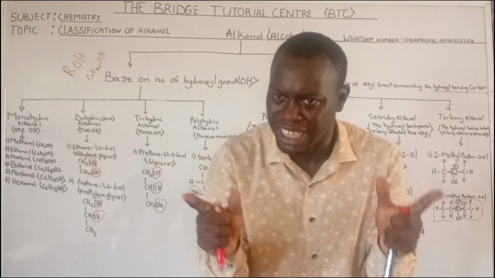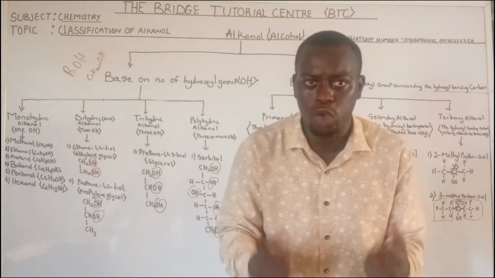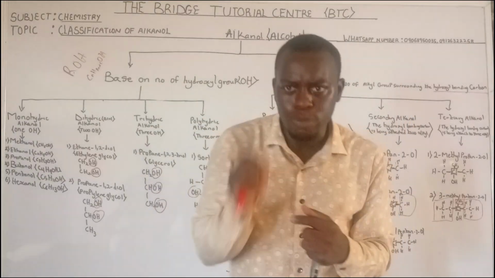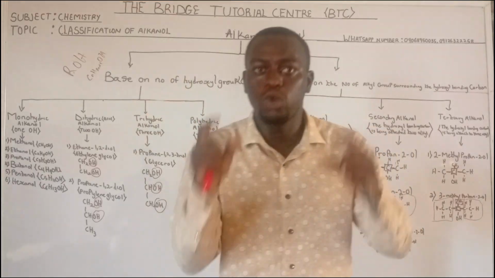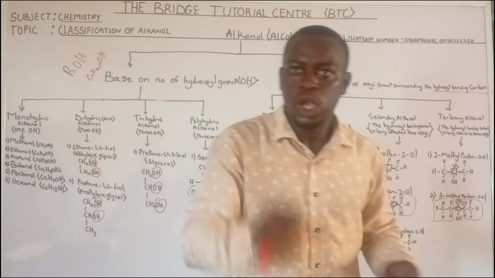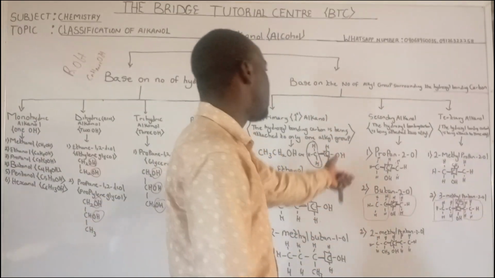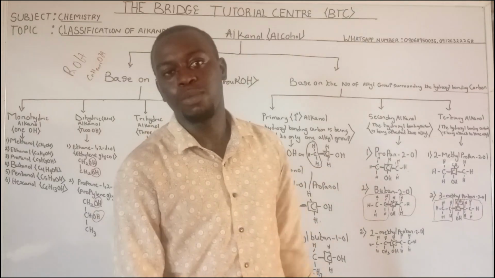So that's tertiary. You don't even need to waste your time. Another typical example is 2-methylbutan-2-ol. Both the alkyl and hydroxyl groups are on the same carbon. That's also tertiary. So once they are not primary and they are not tertiary, what's your answer? Secondary alkanol.